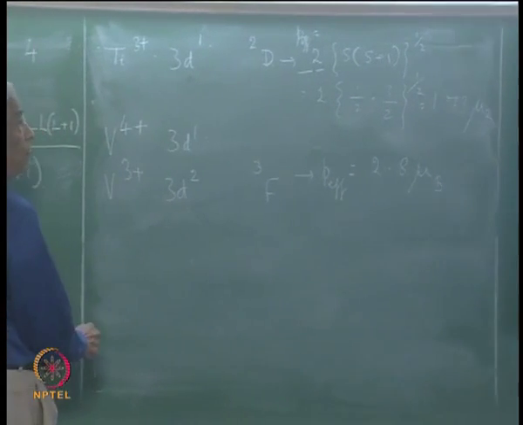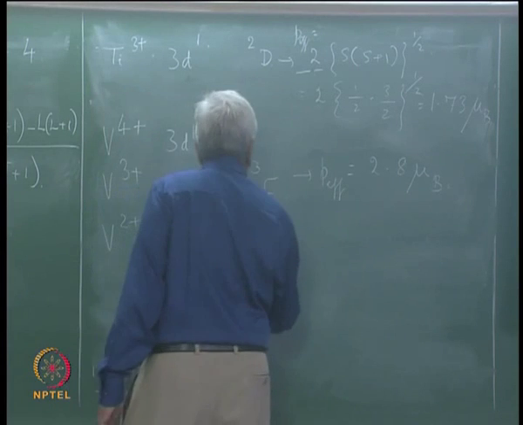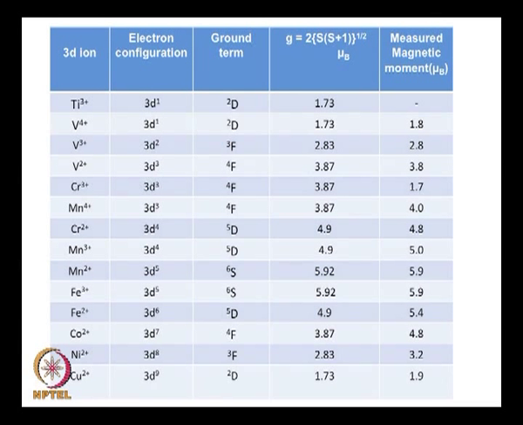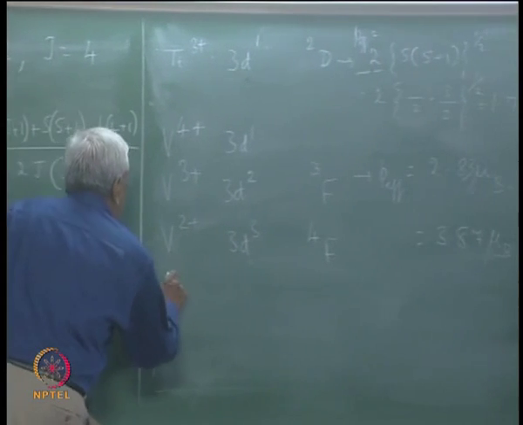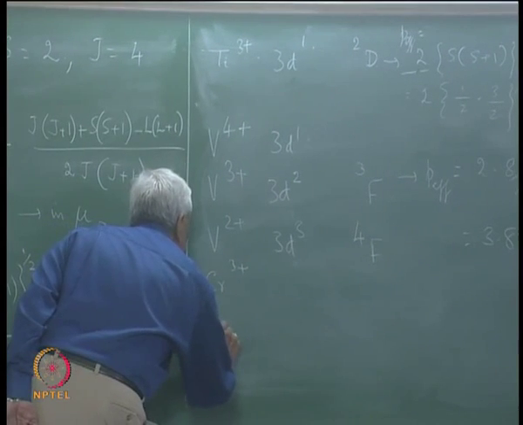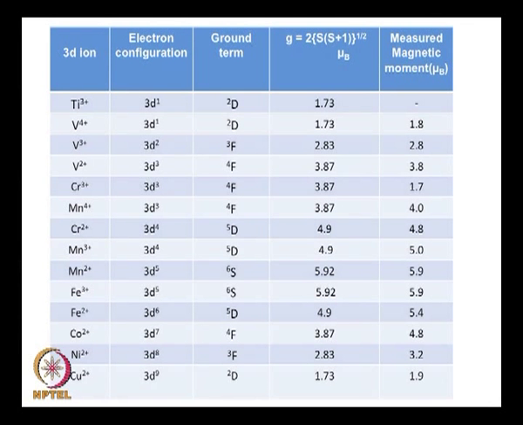We can also have vanadium 2 plus, which is 3d3, and the spectroscopic ground term is 4F, and the p effective will be 3.87. Vanadium 2 plus as well as chromium 3 plus and manganese 4 plus all have the same electronic configuration of 3d3, and so they have similar magnetic behavior.